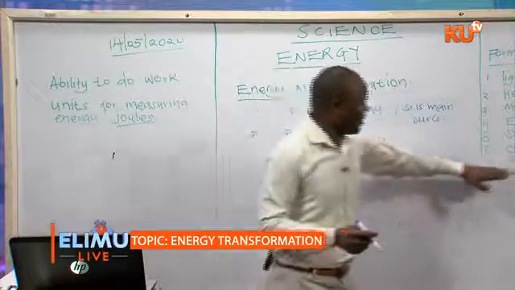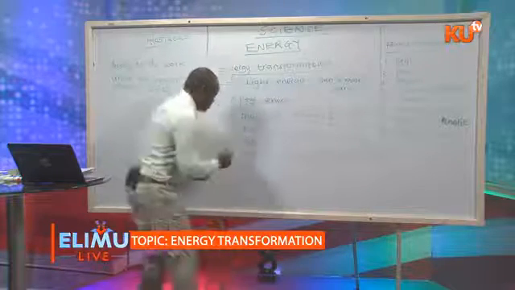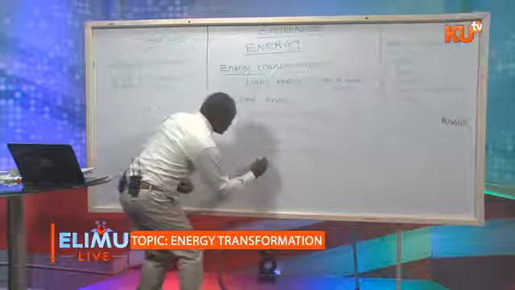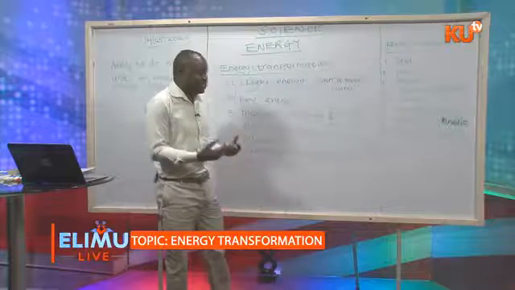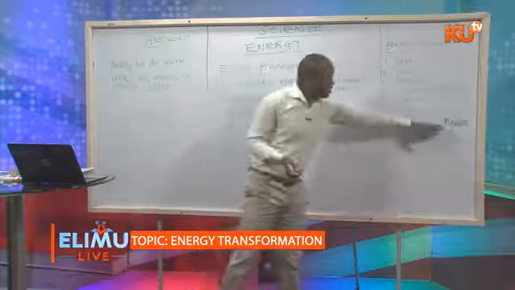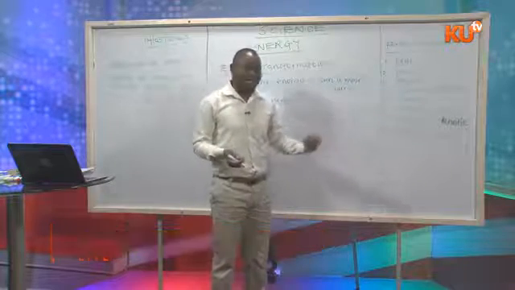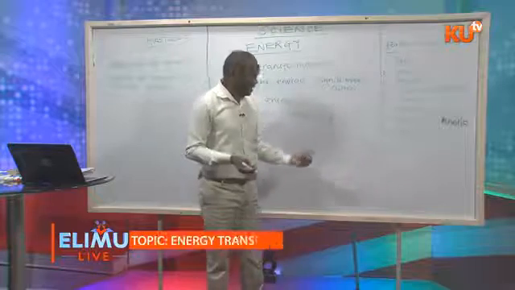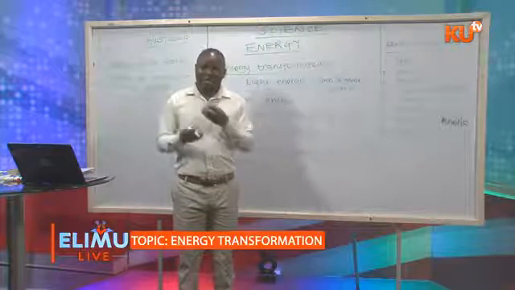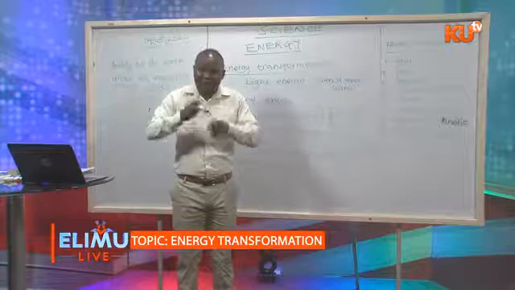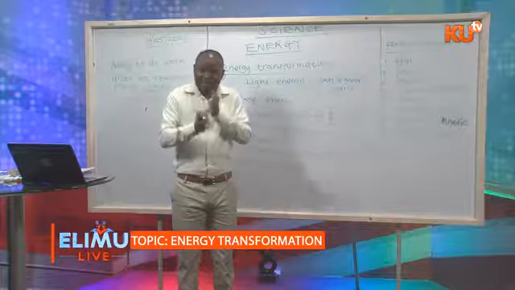Then we have mechanical energy, number 7. Mechanical energy includes motion. It is the energy in motion. That is why I use the word kinetic, to demonstrate that kinetic is the energy in motion. It's when the dynamo or the engines are moving that you can see mechanical energy being used.